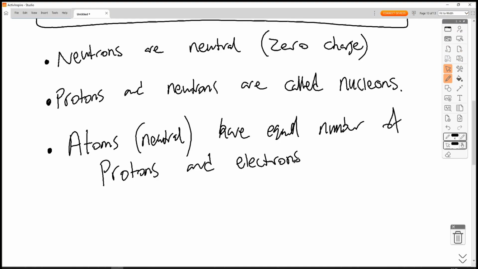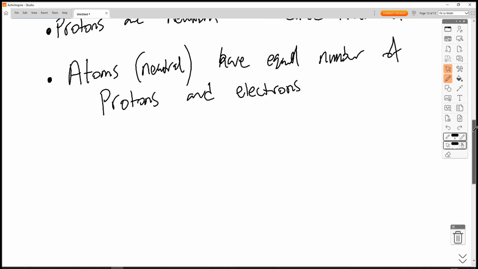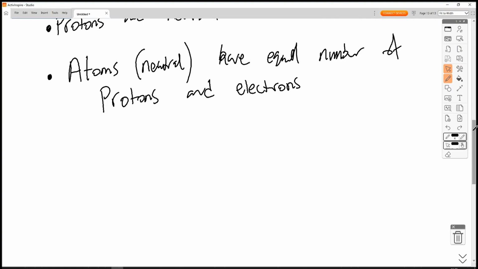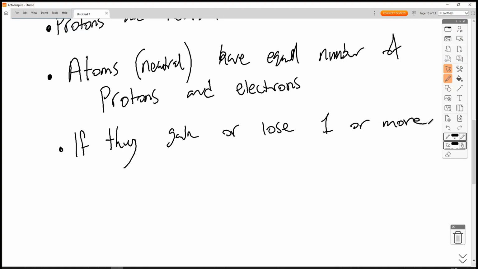The moment that you either give them an extra electron or you take one of their electrons away, we stop calling them atoms and we start to call them ions. So if they gain or lose one or more electrons, we call it an ion.